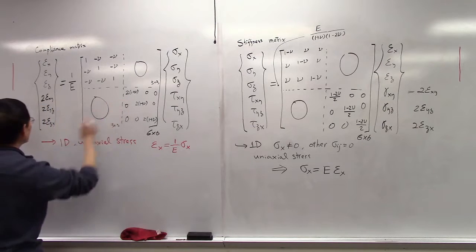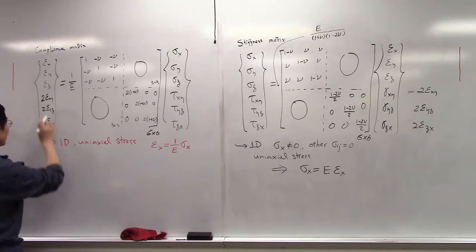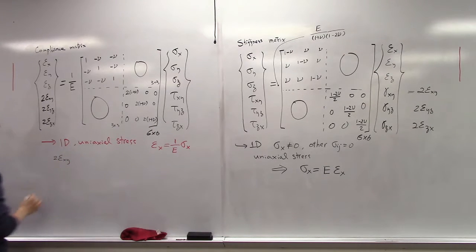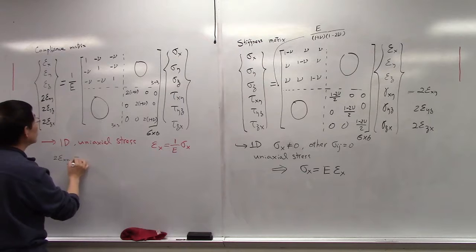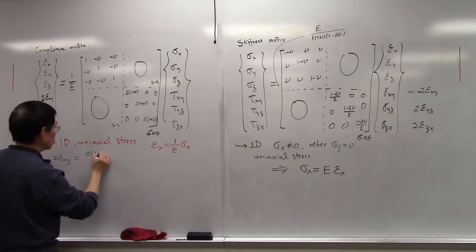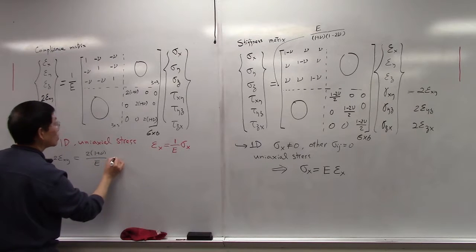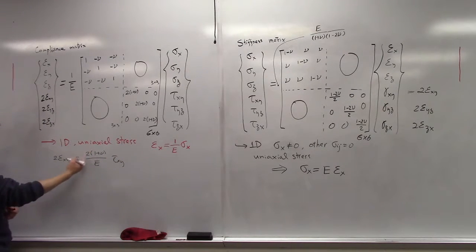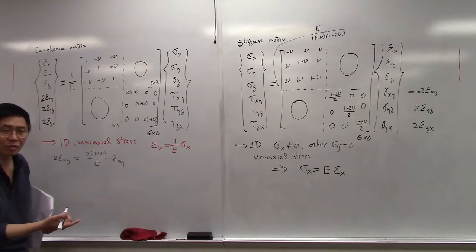For the shear strain, take the first one: 2 epsilon xy, that's the engineering shear strain, is equal to, using this expression, times tau xy. We learned that, right? What is this? The inverse of that is exactly the shear modulus.